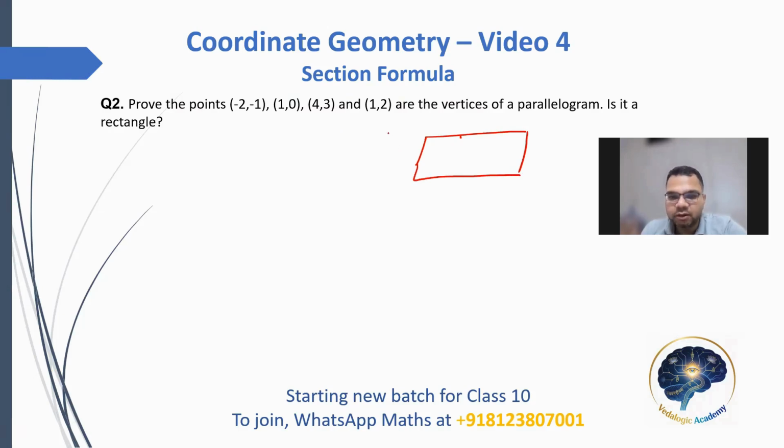We don't know whether it's a parallelogram or not. So it is (-2, -1), (1, 0), (4, 3), and (1, 2). Okay. So how do we find out whether it's a parallelogram or not?